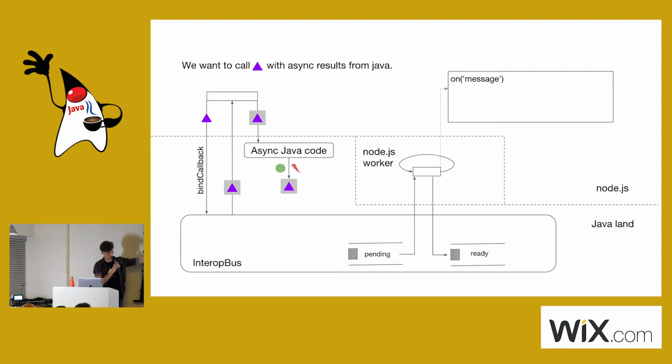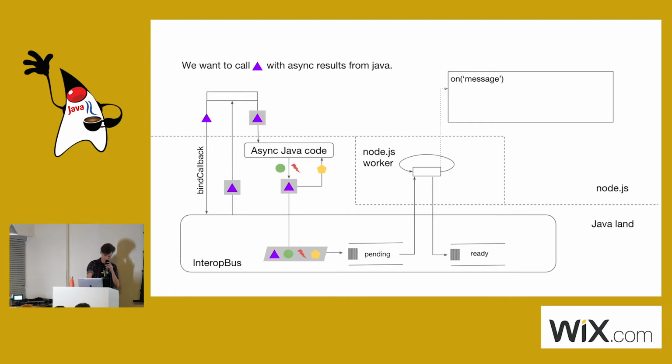The asynchronous Java code calls this function, and when it calls this function, instead of executing the callback directly, it first creates a promise and gives it back to the Java code, and it also wraps the callback, the error argument, the success argument, and the promise into a thunk and puts it on the pending queue.